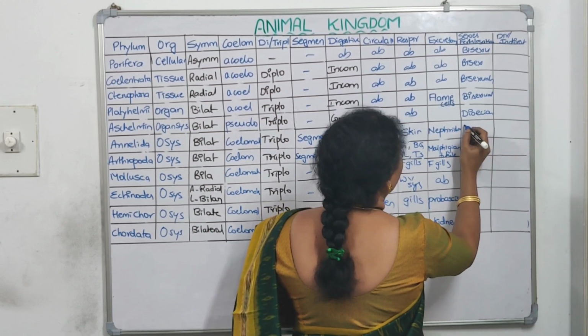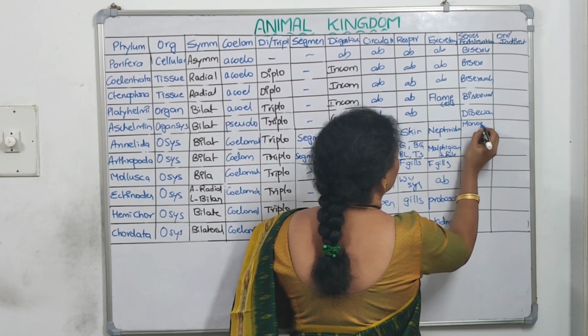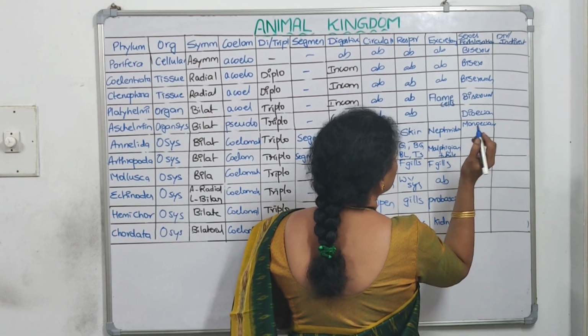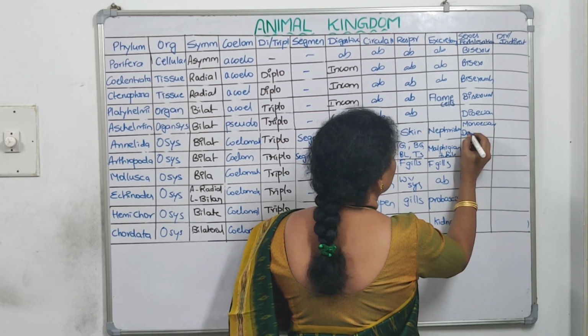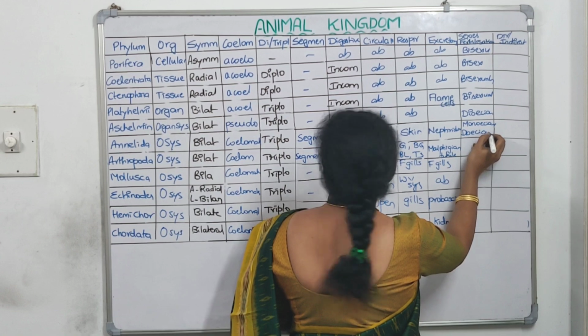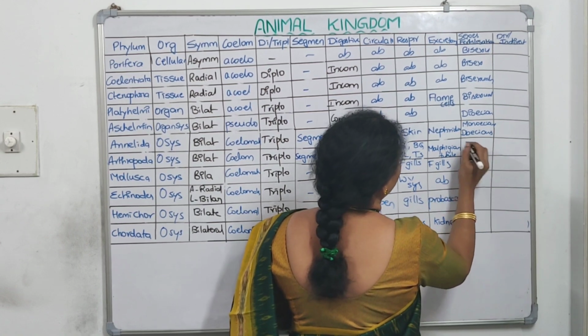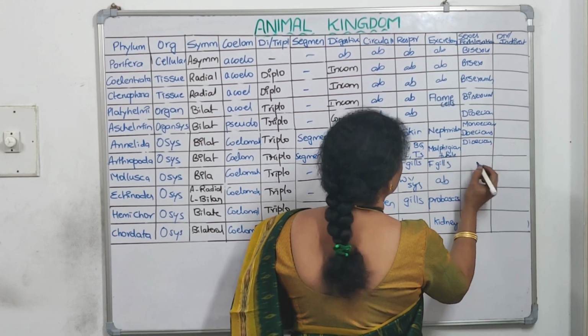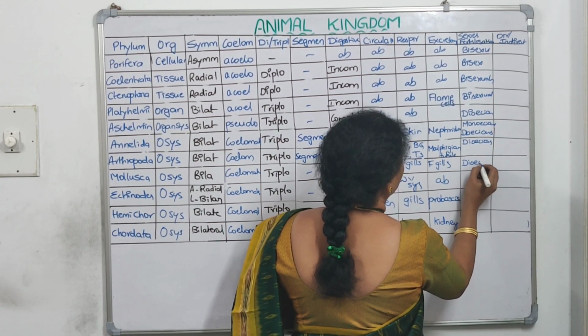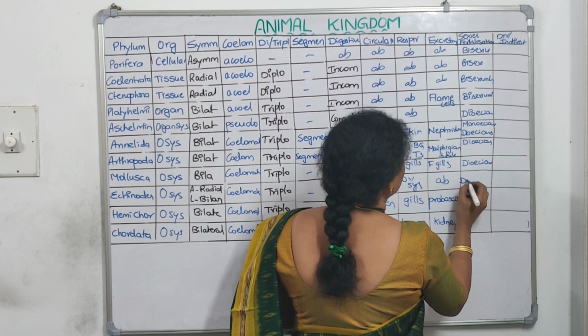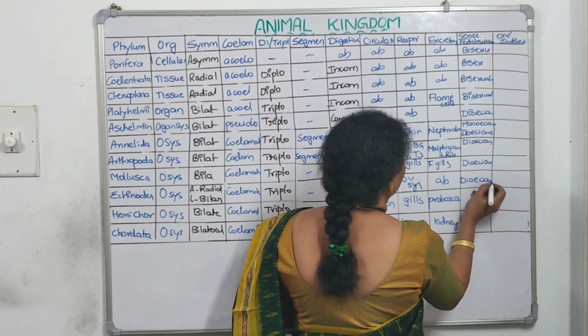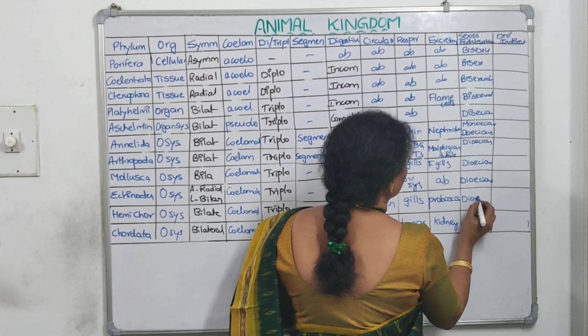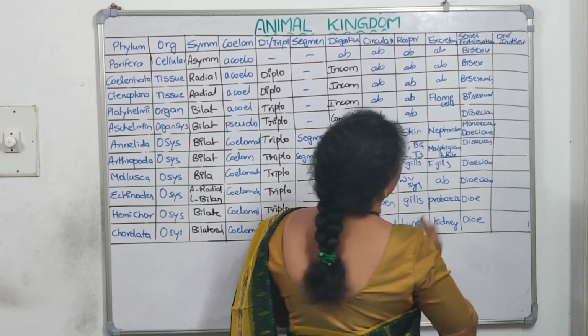Annelida, both monoecious and dioecious. Nereis is dioecious, earthworm and leech are monoecious. In Arthropoda, again they are dioecious. Mollusca, dioecious. Echinodermata, dioecious. Hemichordata, dioecious. And Chordata, dioecious. Right?